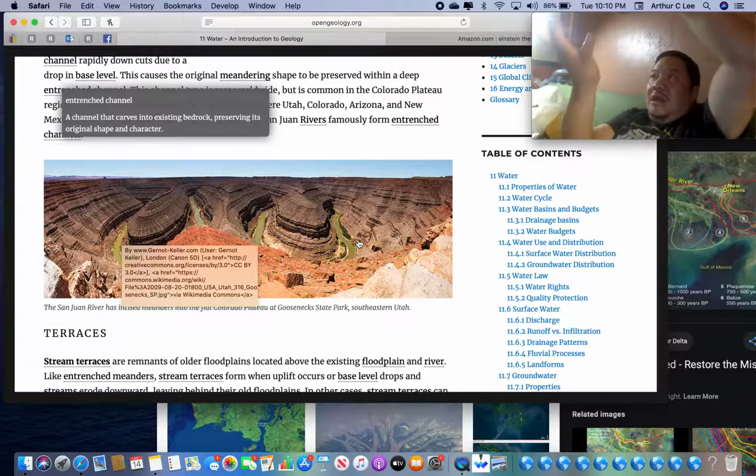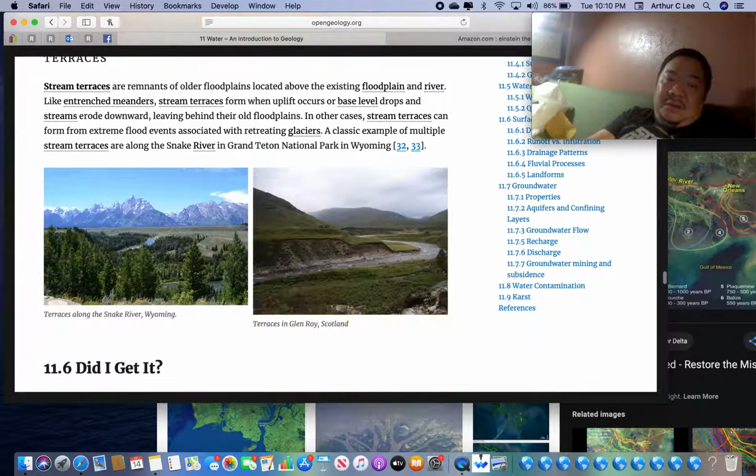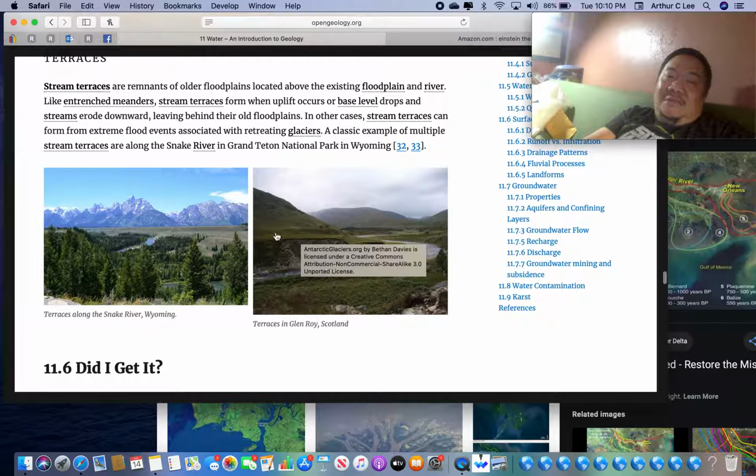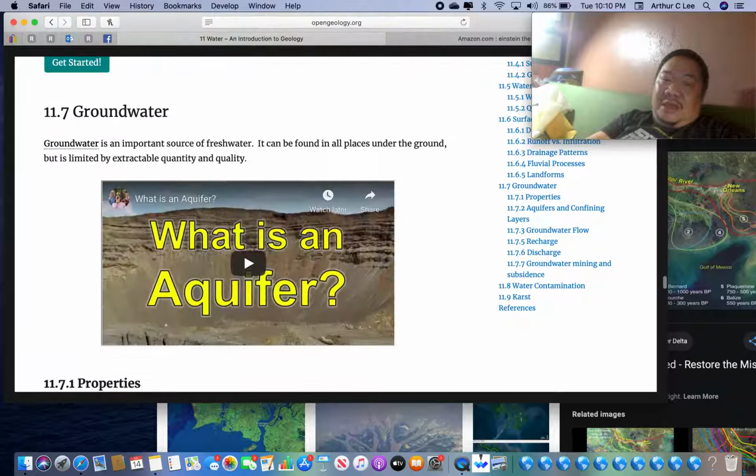When there's an uplift of the land, the river cuts down deep like this, and it leaves behind the old floodplains. So stream terraces are old floodplains that are left behind as a river cuts down as a response to the uplift of the land through mountain building. So a stream terrace is an abandoned floodplain.